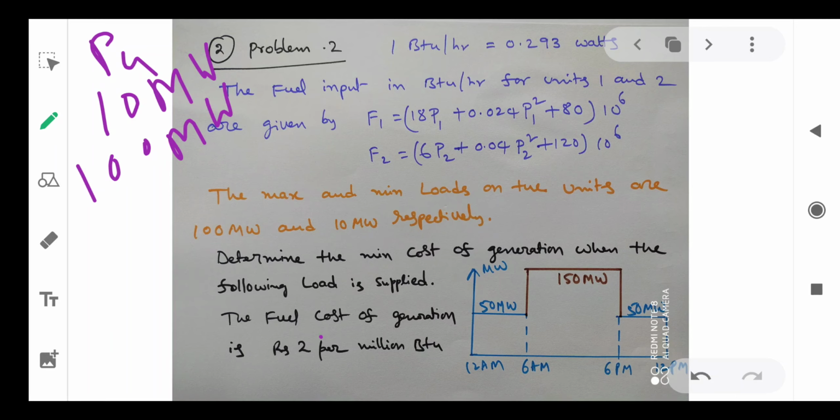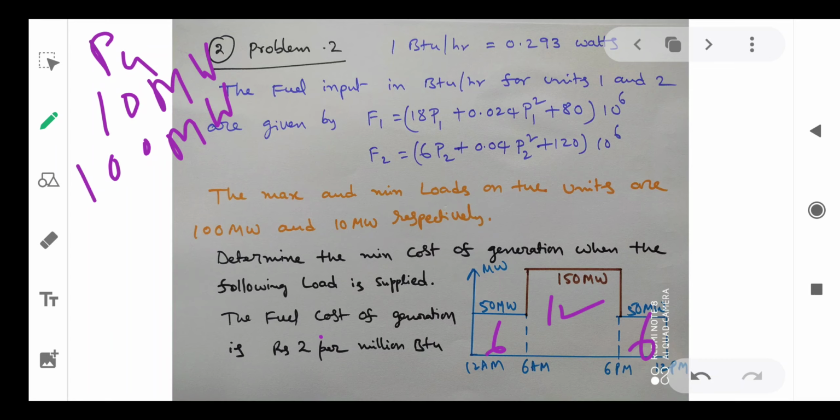So this is the load distribution. For 6 hours, this is the 50 megawatts load. For 12 hours, this is the load 150 megawatts. There are two loads: 50 megawatts is the load for 6 hours, and for 12 hours duration 150 megawatts is the load.